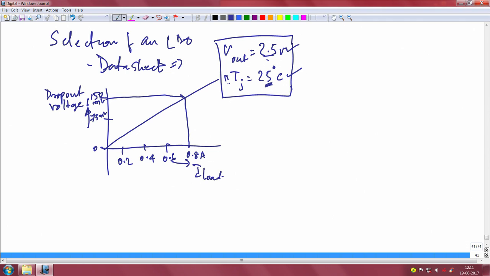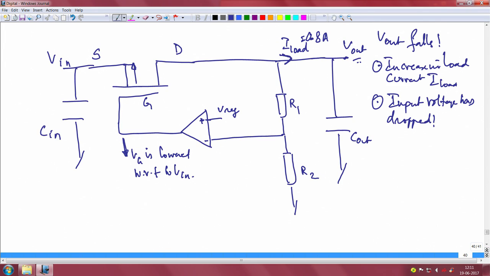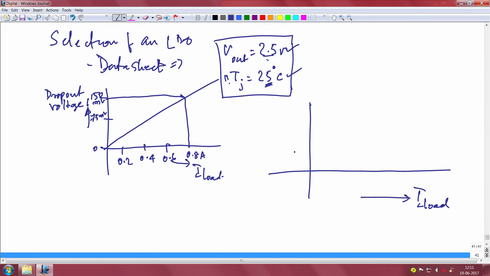And why is this important? This is important because of this result. Let me again redraw and show you. Let us put amps, in other words let me put I load, I will just redraw I load, which is, please note, this is what I mean, this is that I load, and let me draw the dropout voltage, right.